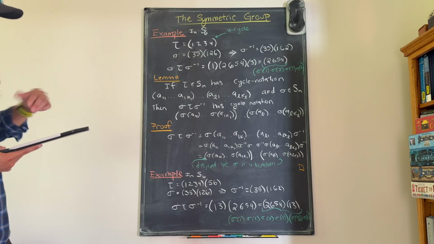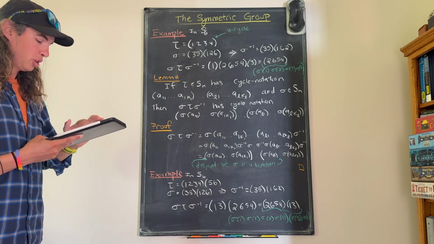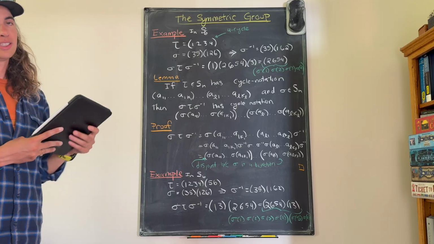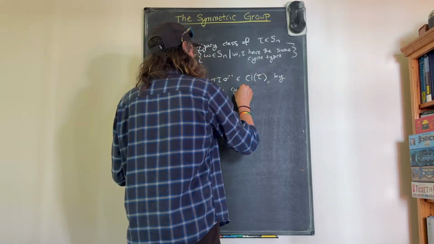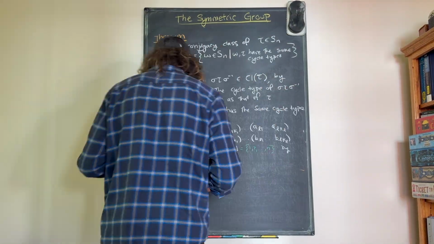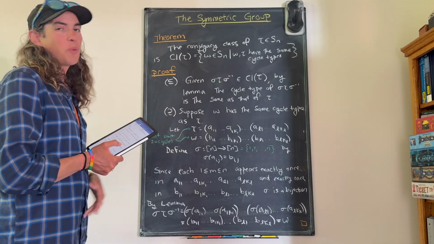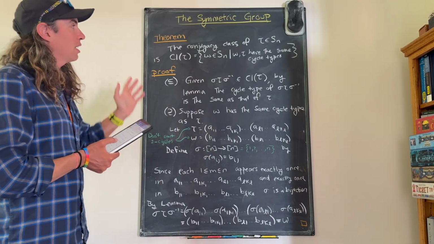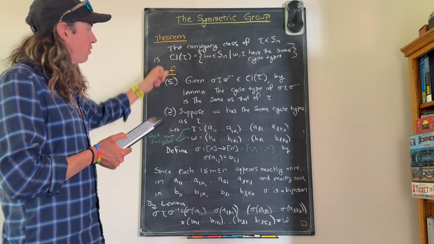Okay, so on the next board, we're going to put together both the lemmas to completely characterize what the conjugacy classes in Sn look like. So here's the long-awaited theorem, which is that the conjugacy class of an element tau in Sn is given by the following formula.